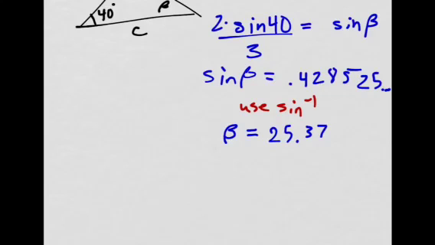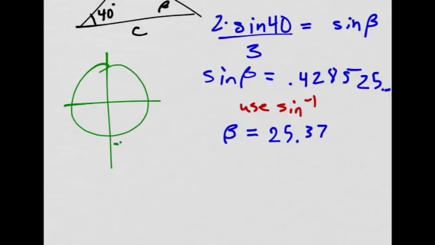But here's the tricky part. Remember, this is possibly confusing. For arcsine, for inverse sine, that was restricted to negative pi over 2 all the way to pi over 2. So we plug this in and we get 25 degrees somewhere over here. However, this happens again. Sine equals this one other time, and it's over here, because sine is the y-coordinate. It's the distance from the x-axis to that point. So how do we get the other angle?